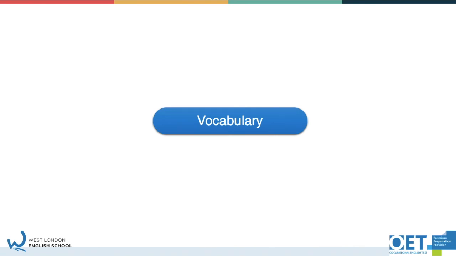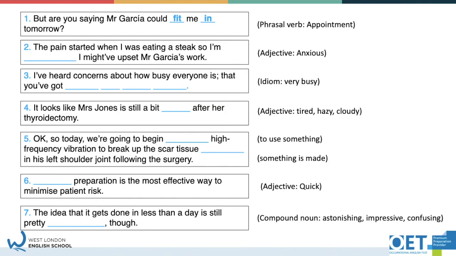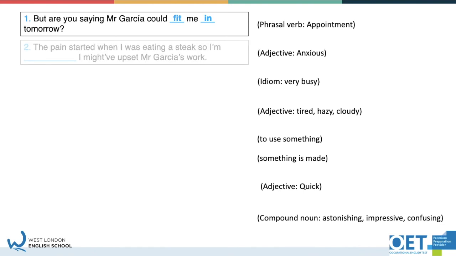Okay, so let's have a look at some of the vocabulary that we've had in this task B. I'm just going to give you maybe 5 minutes, maybe a bit less, to read through these sentences and see if you can remember from the listening what the words are that go in the gap. Okay, so number 2, any ideas?